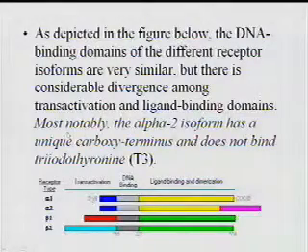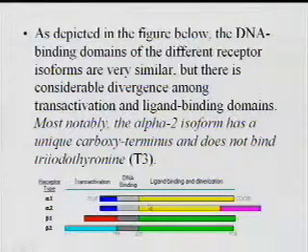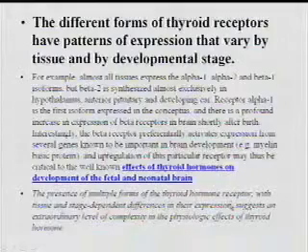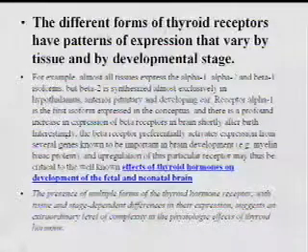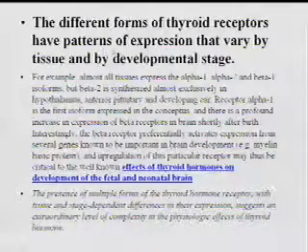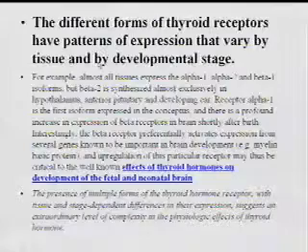Most notably, the alpha 2 isoform, this one here, the second blue one, has a unique carboxy terminus and does not bind triiodothyronine.